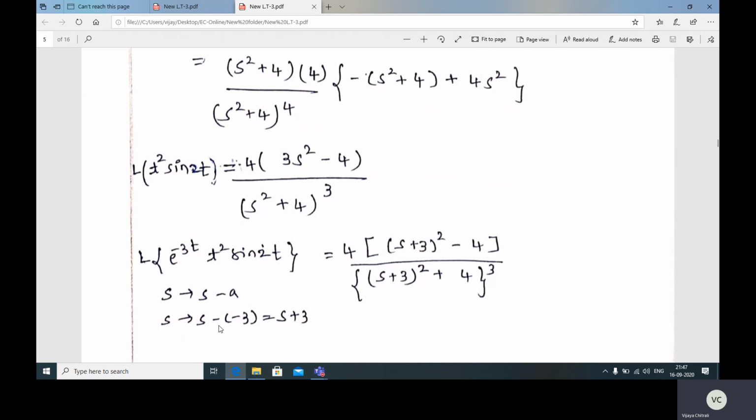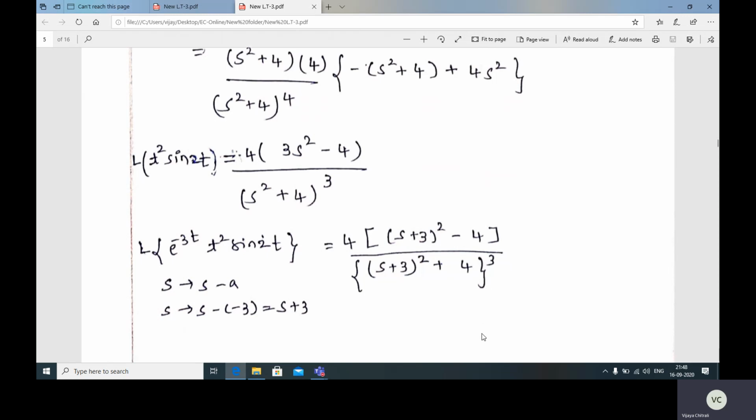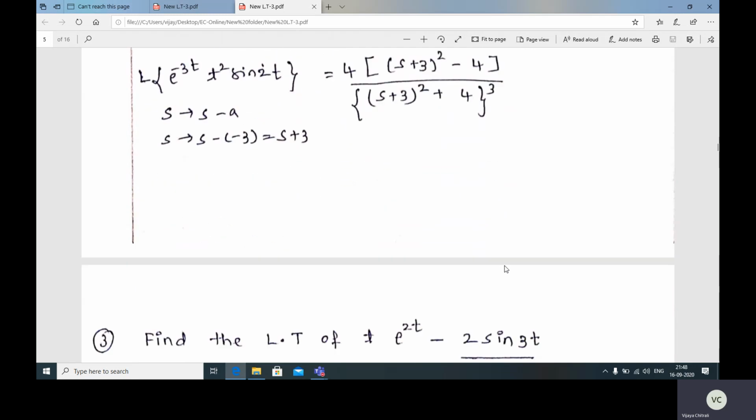Minus 3. s minus of minus 3 is s + 3. So wherever s is there, you replace it with s + 3: 4 into (3(s + 3)² − 4) divided by ((s + 3)² + 4)³. So this will be the required answer.